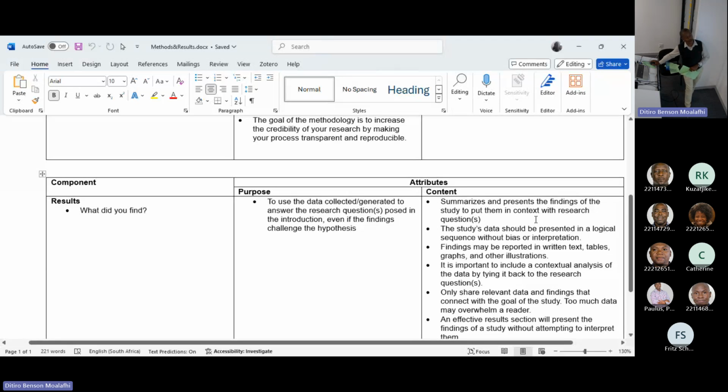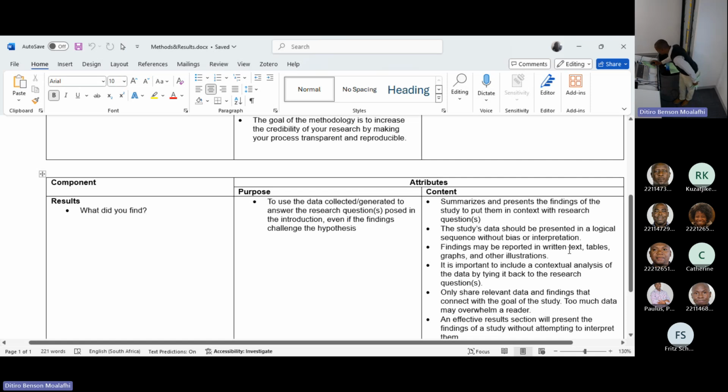But depending on the journal outlet, some of them have results and discussions in which you present the results and discuss them at the same time. This one, with no interpretation, is for the case in which results and discussions are separated. You just present the findings.